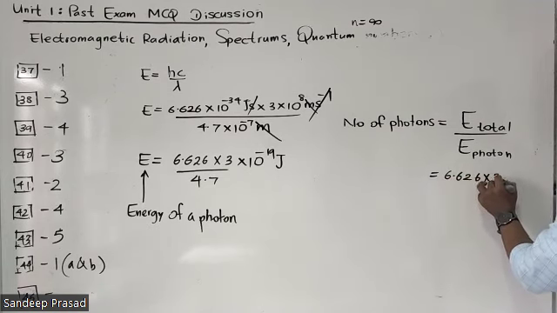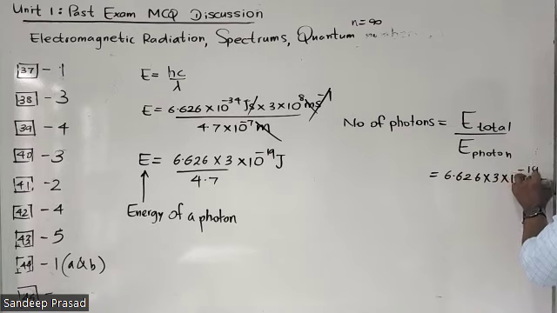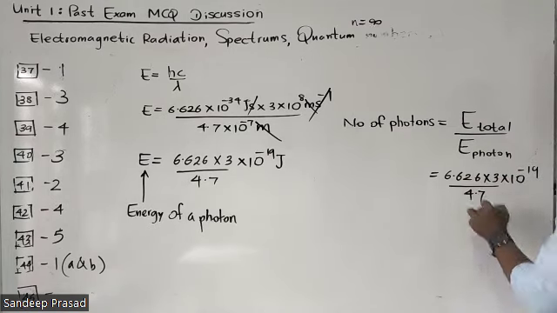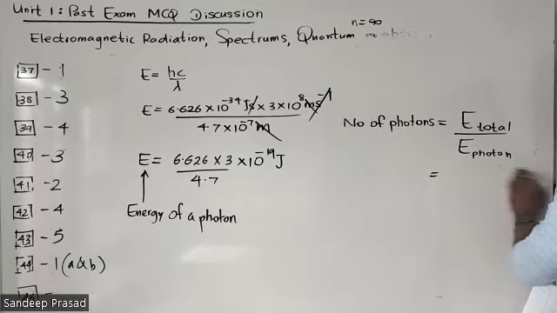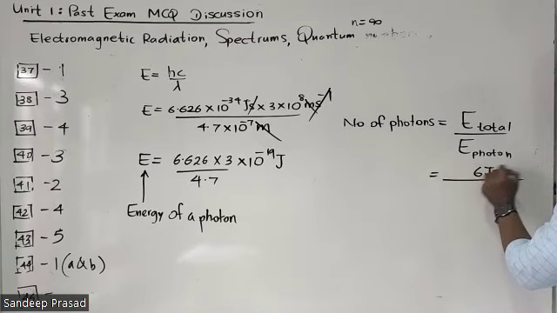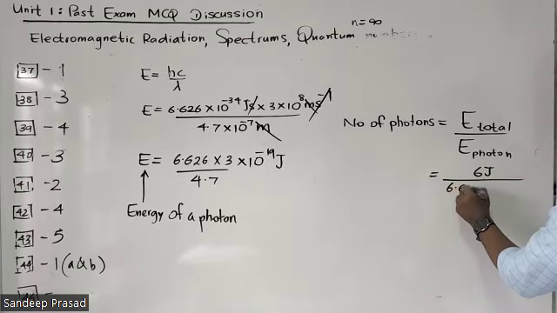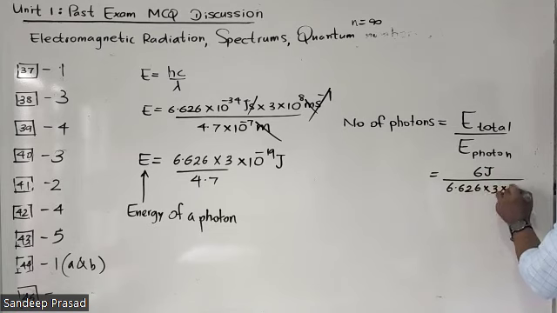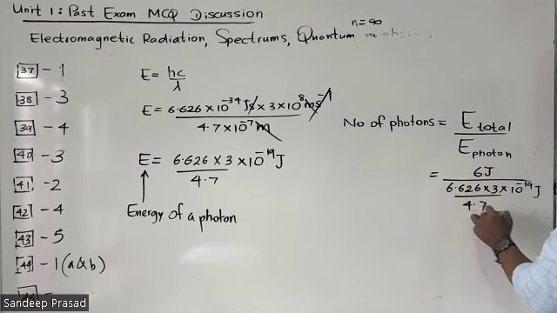6.626 multiplied by 3 into 10 to the power minus 19 divided by 4.7. What is the total? The total energy should be 6 joules, no? What is the energy of a photon? 6.626 into 3 into 10 to the power minus 19 joules divided by 4.7.